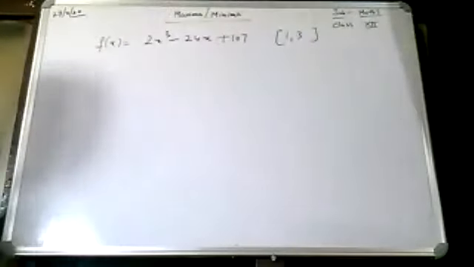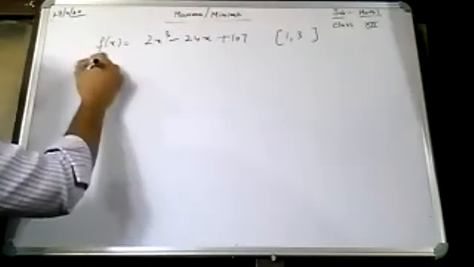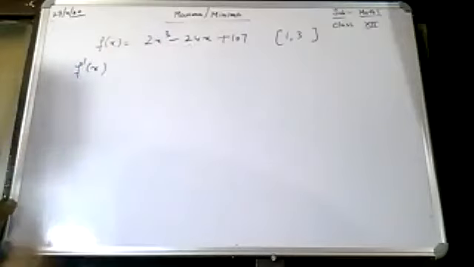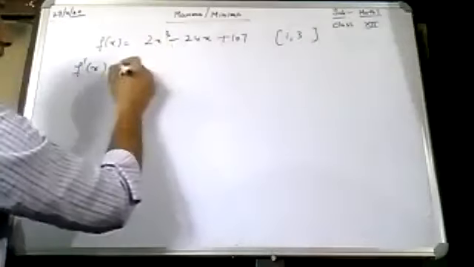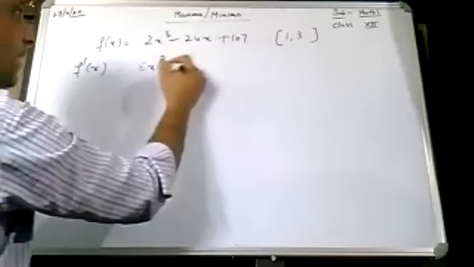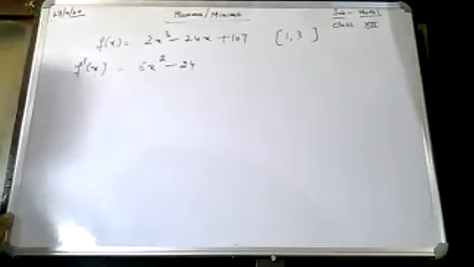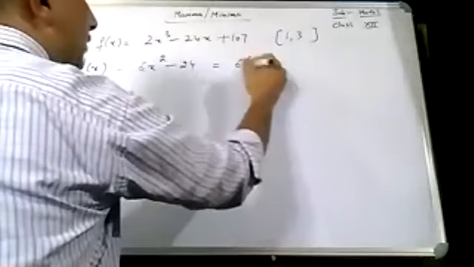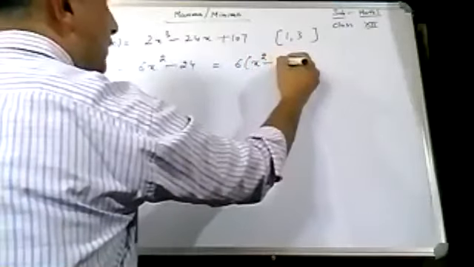ठीक है? So first step is find f dash x, means differentiate this function with respect to x. So 3 2s are 6x square minus 24. Clear? So what is common here? 6 is common. This is x square minus 4.